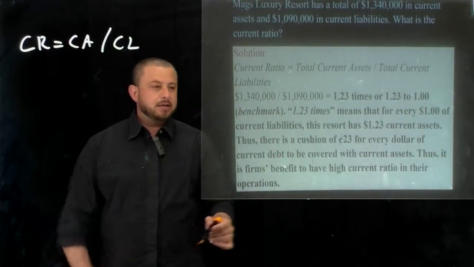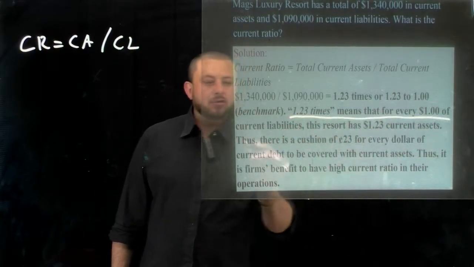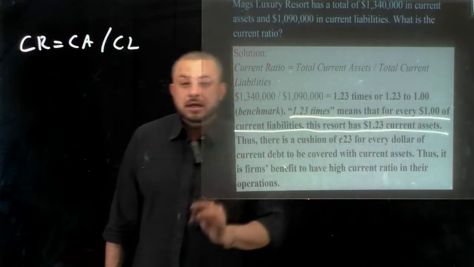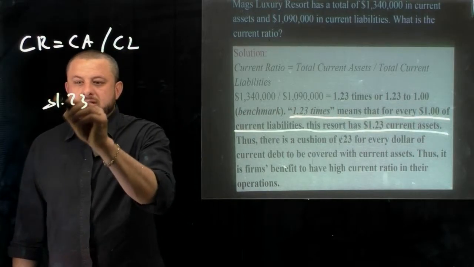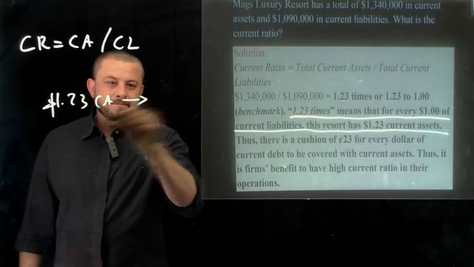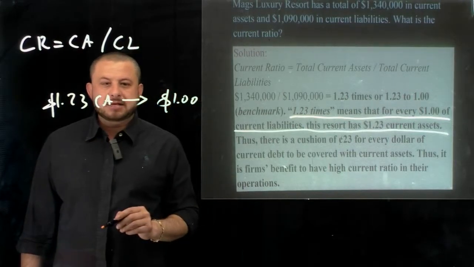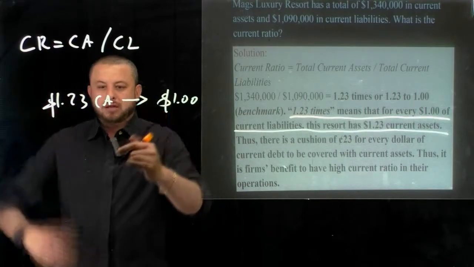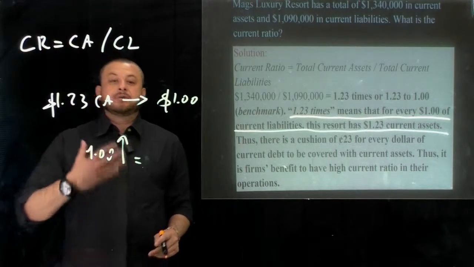So guys, take a look at this. 1.23 times means that for every $1 of current liabilities, this resort has $1.23 in current assets, meaning you have $1.23 in current assets to pay off a dollar worth of your current liabilities, which means since your current ratio value is above 1, you are a liquid company.